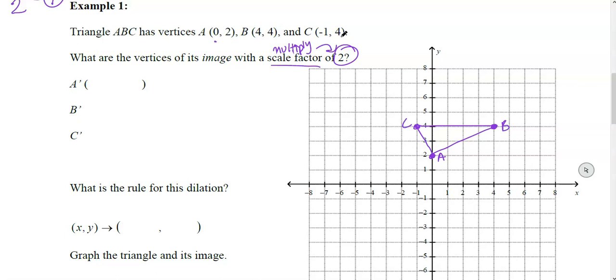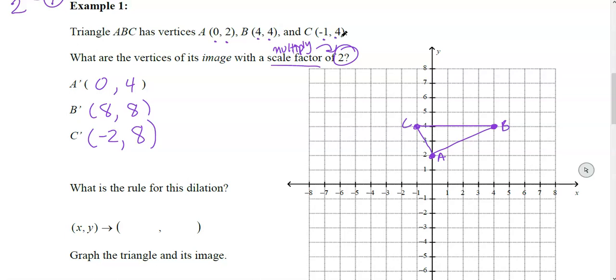So 0 times 2, 0. 2 times 2, 4. 4 times 2, 8. 4 times 2, 8. -1 times 2. And again, if you don't know your negatives, please use your calculator. -1 times 2 is -2. And 2 times 4 is 8. So there you have your new points.